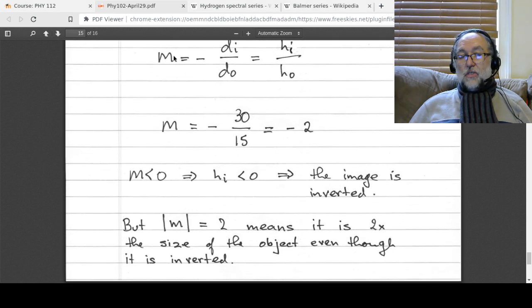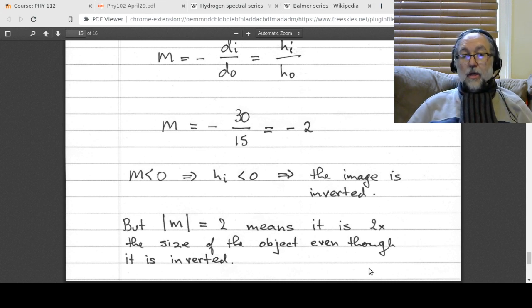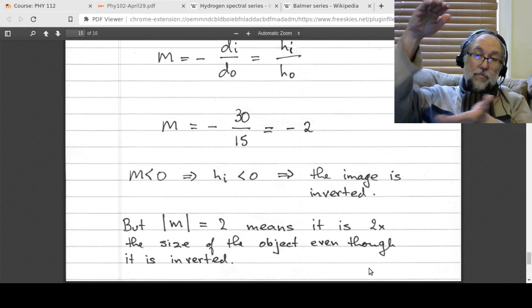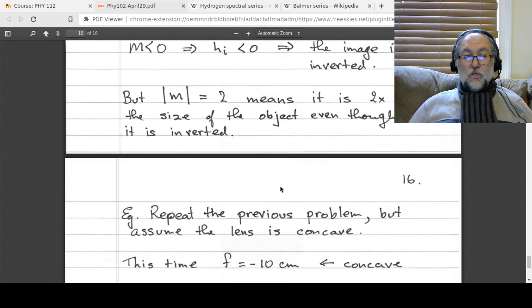In other words, the image is inverted. So in the magnification, the sign tells you whether it's inverted or not. And the number, in other words just the absolute value, tells you that the image is actually twice the size of the object. So it's twice the size, but it's inverted. It's upside down. That answers that first question.